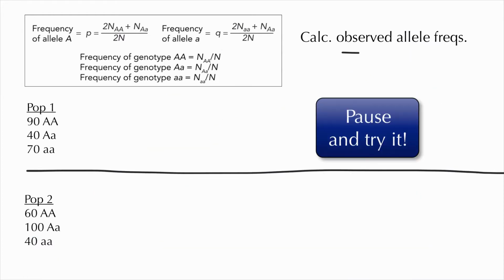Let's calculate the observed allele frequencies for these two populations so we can compare the genetic makeup of them. So what's the proportion of big A's and little a's between the two populations?